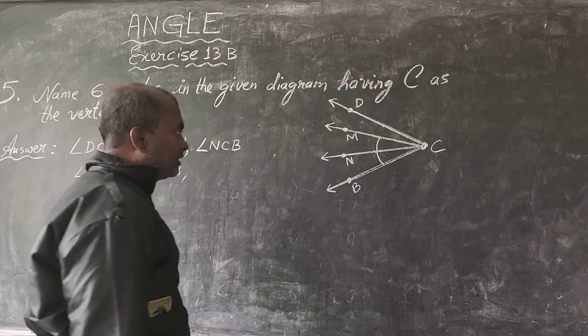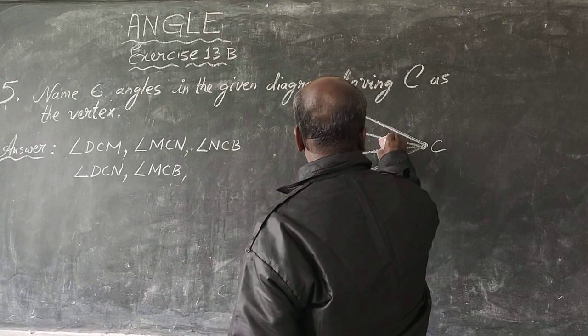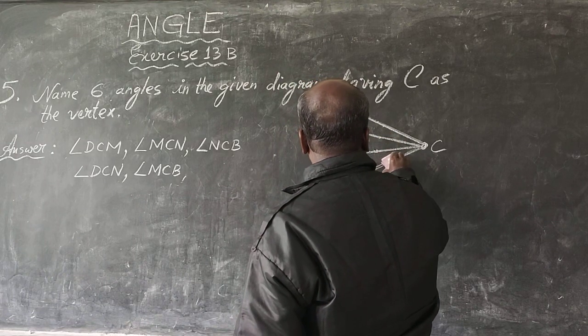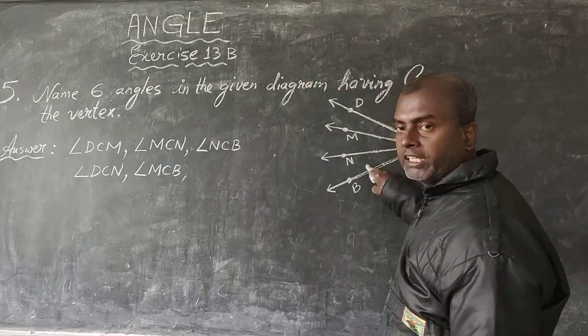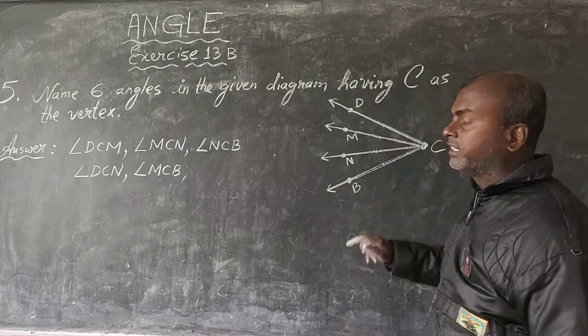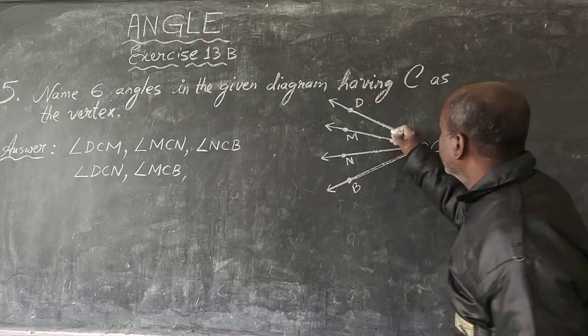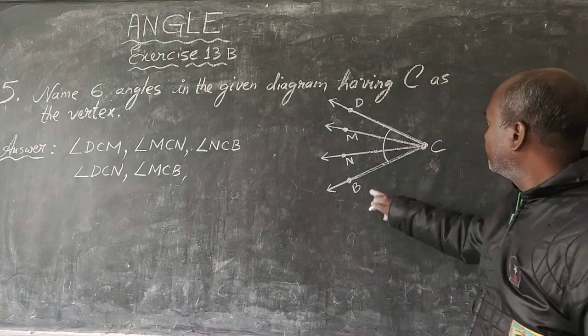Now the last 6th angle. Let's search. I think some of you might have already guessed it. Imagine that these both rays are not there. Only rays CB and CD are there. Then this big angle is also another angle. Okay, what's the name of this angle?